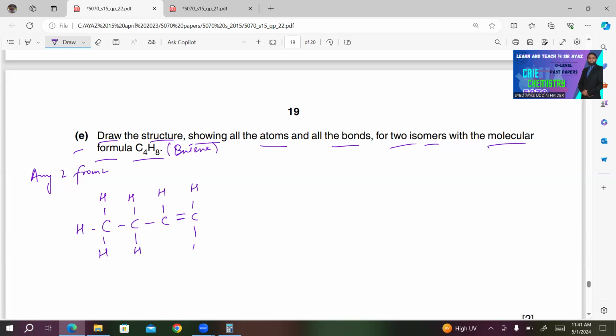In the next structure, I'm changing the position of the double bond. Now I'm placing the double bond between the middle carbon atoms.